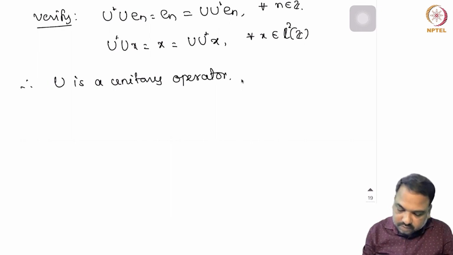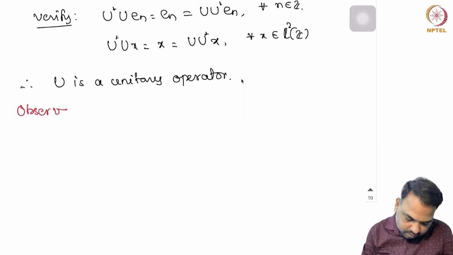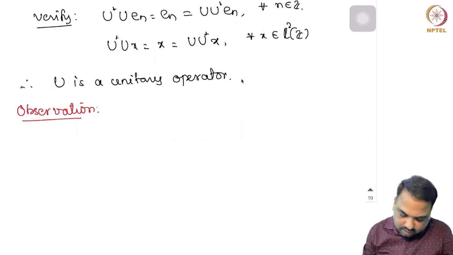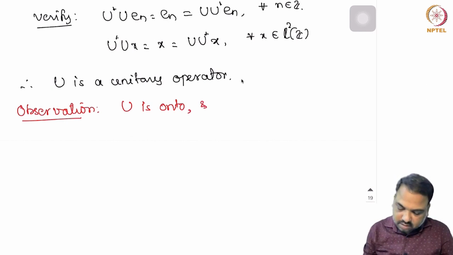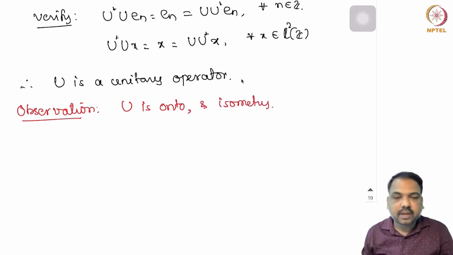Here, if we observe, we can say that U is onto, U is an isometry and onto, and in fact U star is also an isometry and onto.